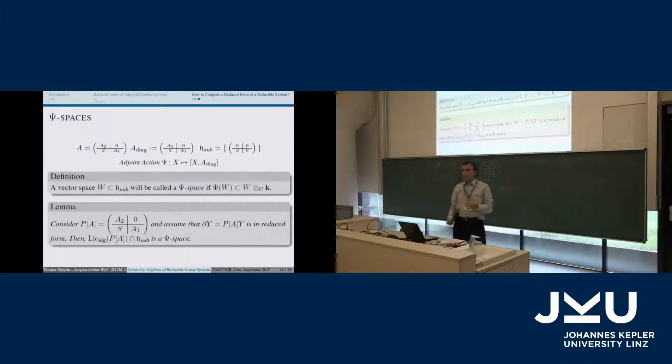And the reason why we're doing that is that if we have a reduced form, it can be shown that it has to be stable under this adjoint action. So somehow we have this linear algebra problem of finding all the spaces that are stable under this action of several matrices. And once we find these, we would try to project on those spaces. And if we can do that, we get a reduction procedure.